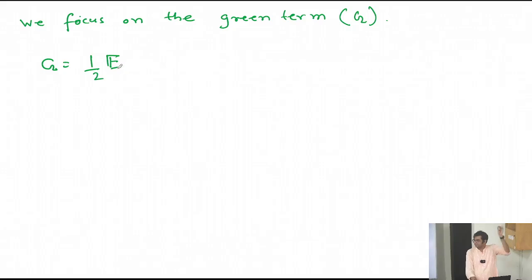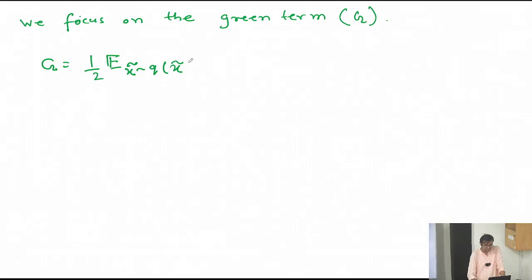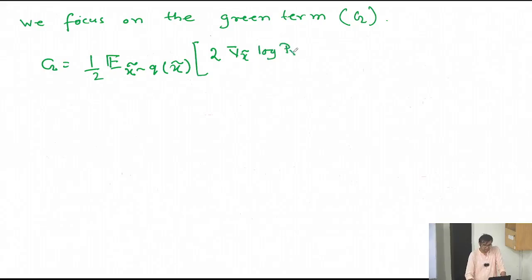Keep that in mind. When you substitute, the negative sign should be there. Expectation x tilde from q of x tilde, twice gradient x tilde of log of q.